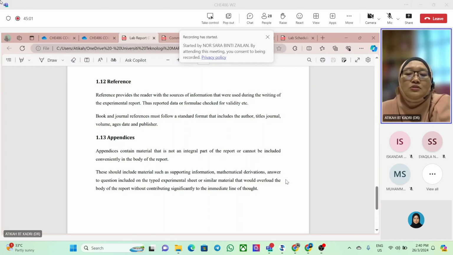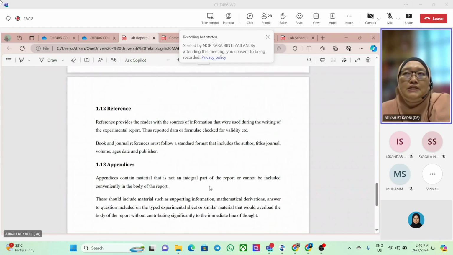Whatever additional information that supports your report should be in these appendices. Please take note that you should have the important text or important write up in the report. Those documents that supplement your report can be attached in the appendices.